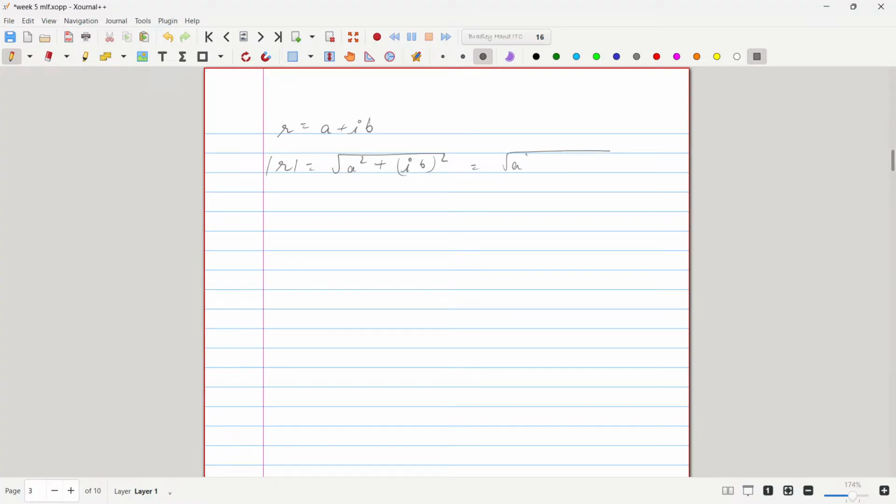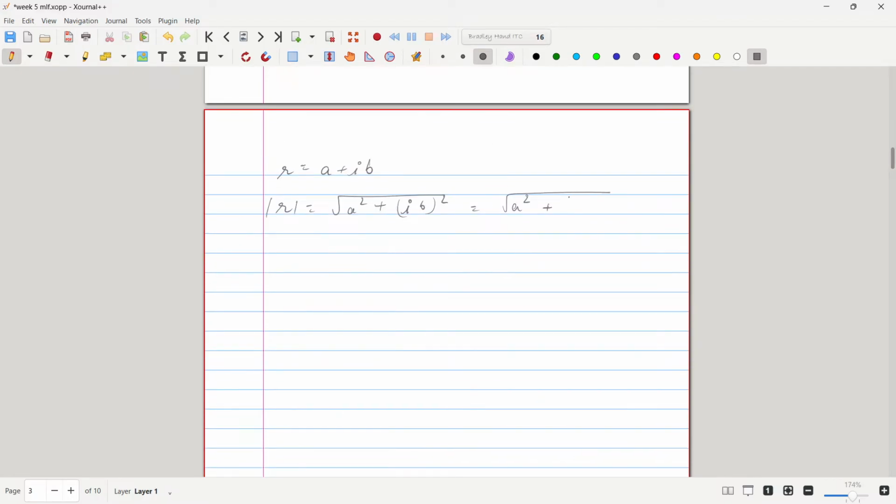So the square root of a square plus, what is i square? So this will be i square b square, and this will be the square root of a square plus b square. And r square will be equal to a square plus b square.